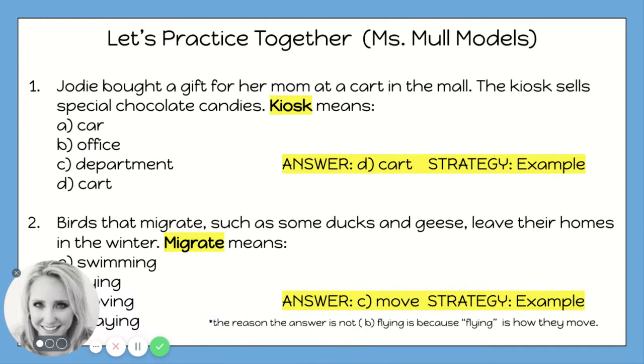Sloppy readers might go in and see the word car and just visually they see and think car is cart. I know we've all done it. But really, if you are thinking about what you just read, we haven't talked about a car. We're talking about a mall. We're talking about Jody buying a gift.